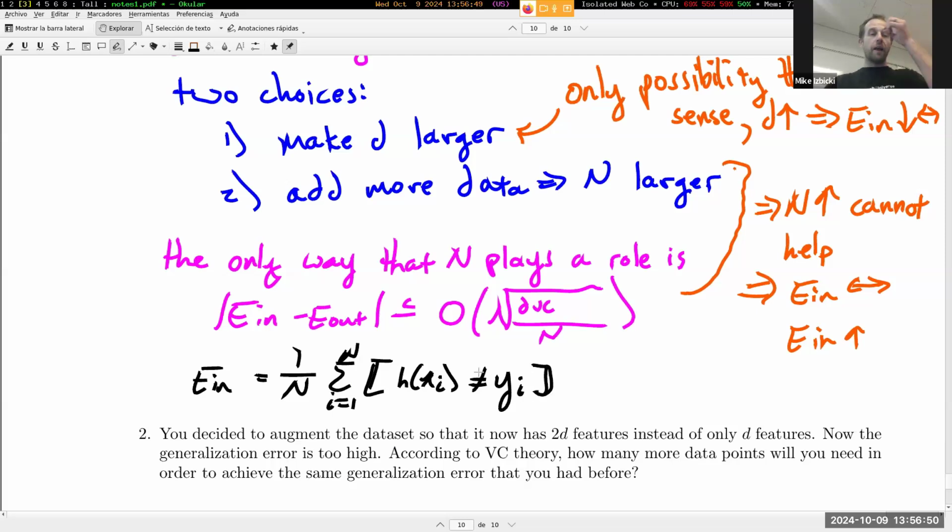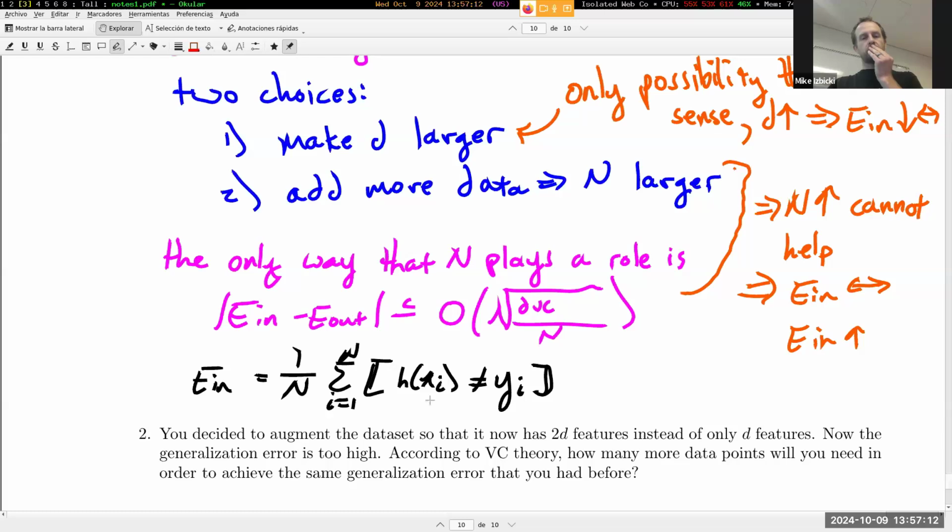And the question is, if we have an N in the denominator, why does increasing N not make the in-sample error go down? The answer is because of this summation: even though we make this N in the denominator go up, the N in the sum goes up too, and so we're adding more ones to it.